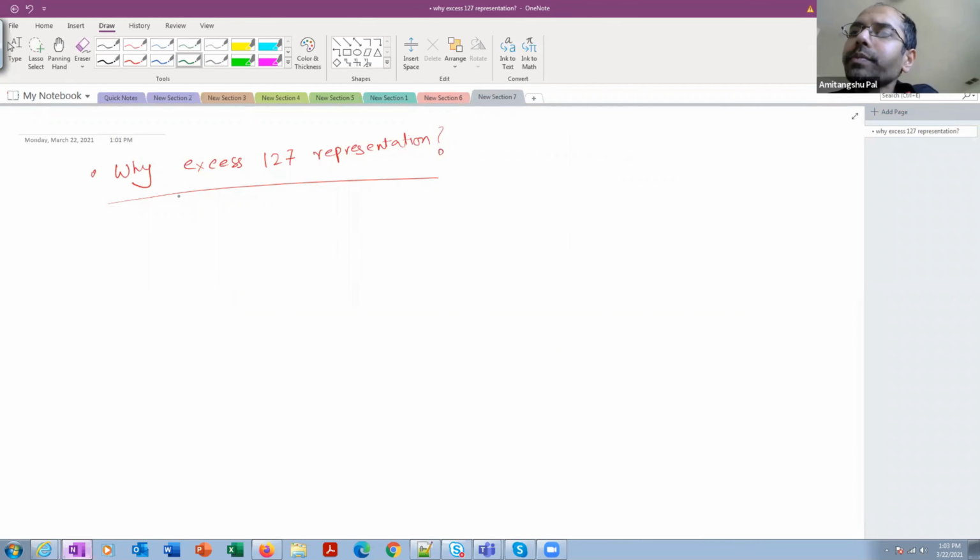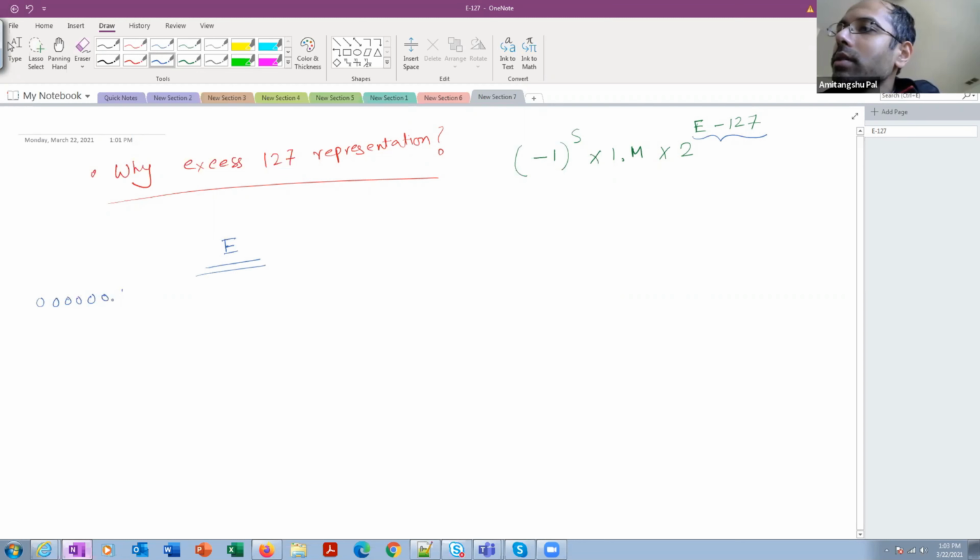That means it may vary from 0, 0, 0, 0, 0, 0, 0, 1 to 1, 1, 1, 1, 1, 1, 1, 0. This is the range of the exponent, because all zeros are reserved for denormalized values and all ones are reserved for special values.